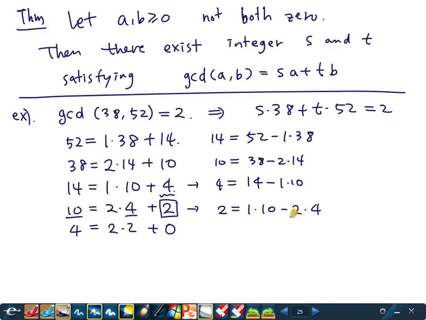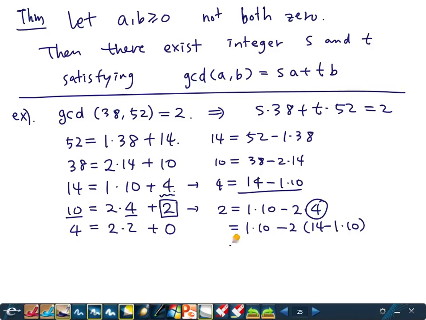So, we can replace 4 by this, and then we can replace 10 by this, and we can replace 14 by this. We will eventually end up getting only 52 and 38. Okay, let's do that. Here I'm going to replace 4 by this. 1 times 10 minus 2 times (14 minus 1 times 10).